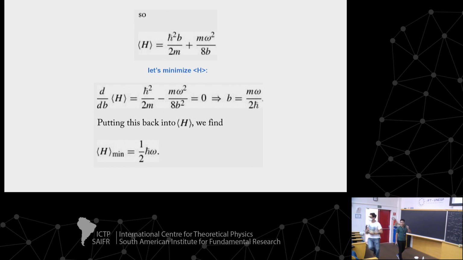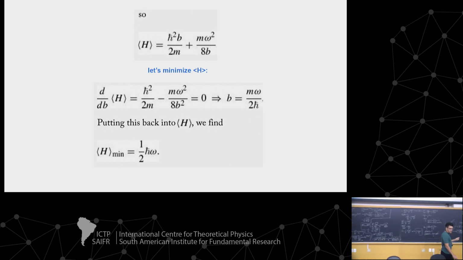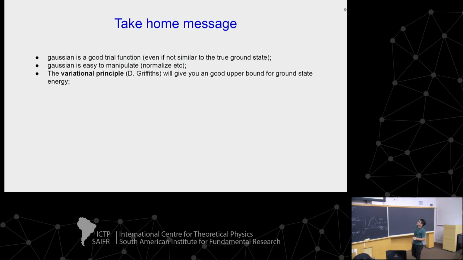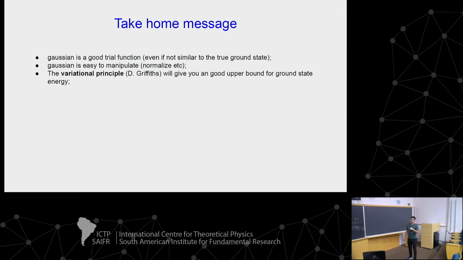But in QAOA, more than that, the ground state is meaningful for you. So it encodes your solution. So here, in this example, the Gaussian gives you the best solution. So the take-home message is, Gaussian is a good trial function.